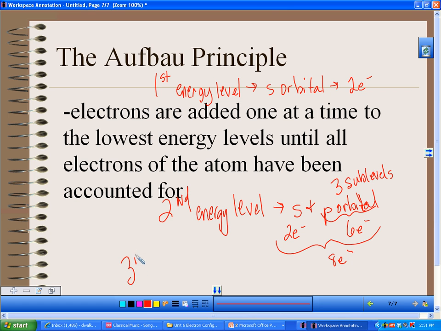Then I can do the third energy level. The third energy level has S's, P's, and D's. Okay? So we're going to work with that to help us build our electron configurations.